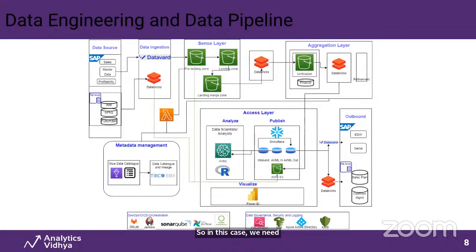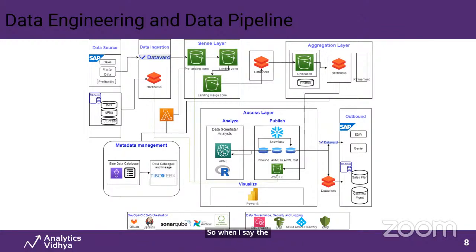So this is kind of the aggregation layer, the unification layer, which is the common area where all the other teams also put meaningful data in this zone.